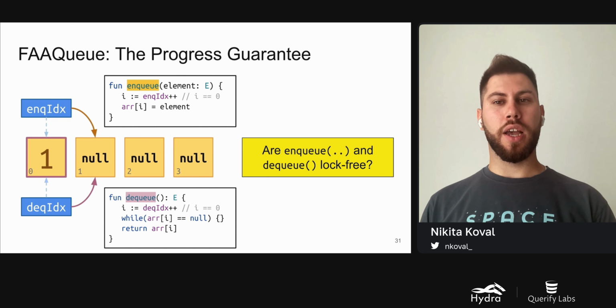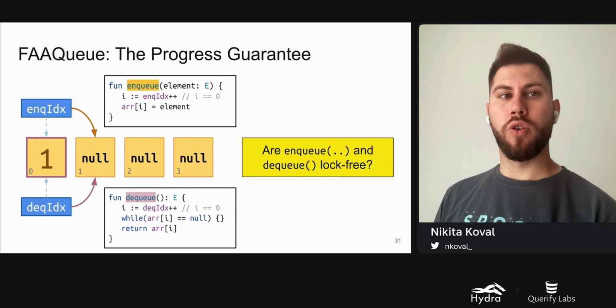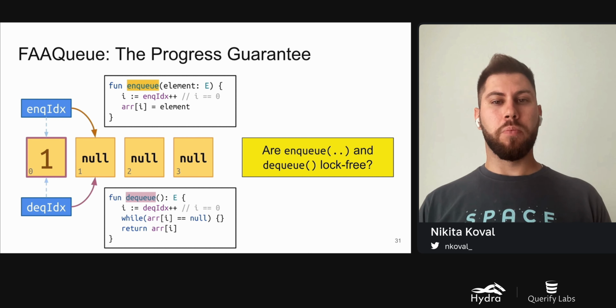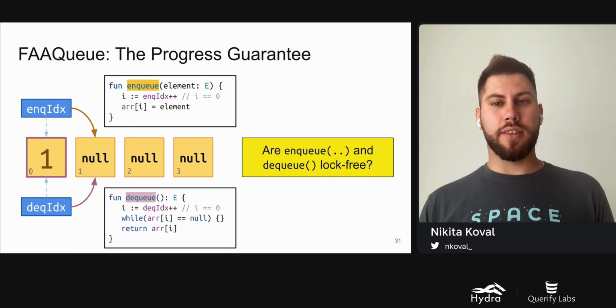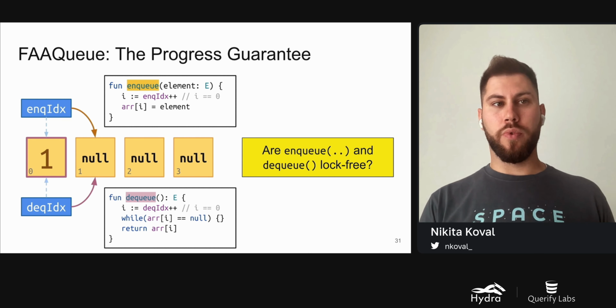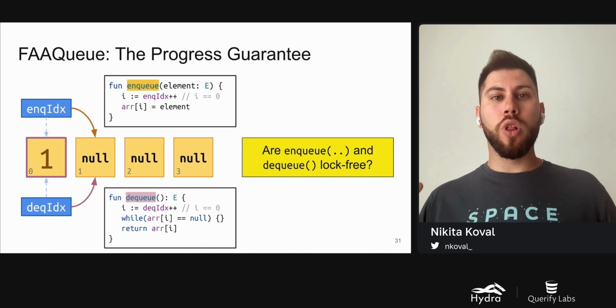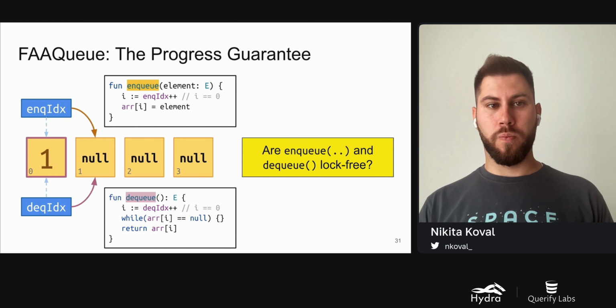So it's not the same as we have with the coarse-grained locking when all operations are protected by the same lock. In this case, if the operation that holds the lock is stuck, then all other threads must wait.